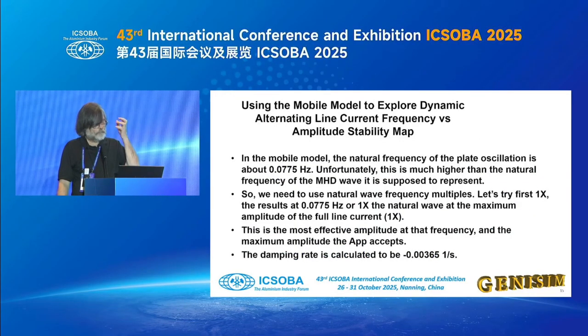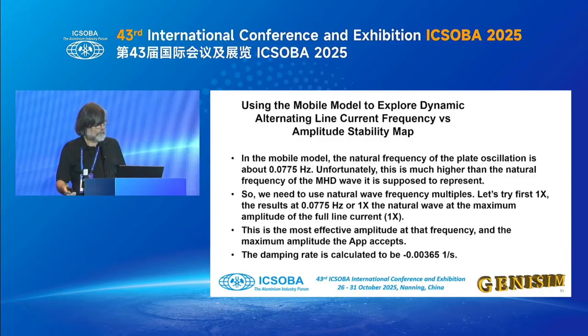Okay, so now I want to investigate the map. I need to raise a point: this plate is not oscillating at the same frequency as an interface wave between the two liquids. The natural frequency of this plate for the size of the cell is 0.07 Hertz, and we'll see later that the natural frequency of the wave in the cell is 0.02 something.